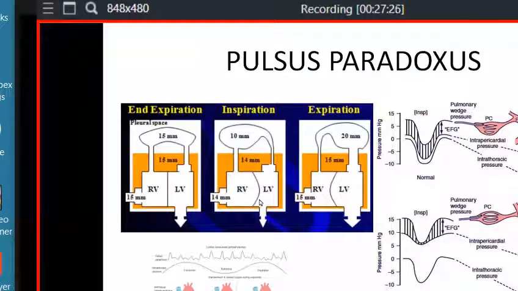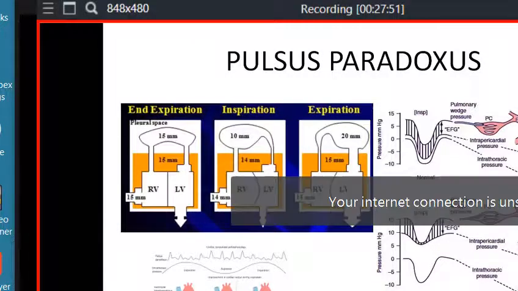This accentuation of the interventricular dependence decreases LV filling, and this produces a drop in the blood pressure and in the pulse also sometimes during inspiration. So this happens normally also.